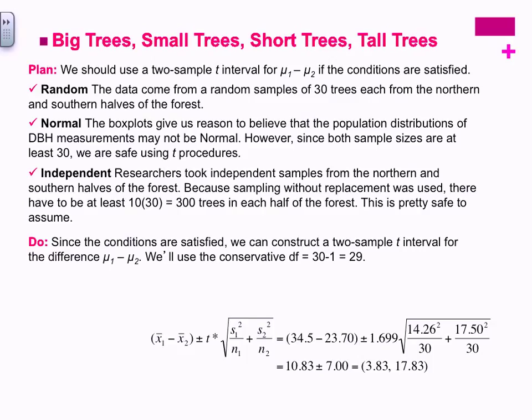So in general, this is what it is going to look like. Here's what we called your southern half, the first one, minus your second one. Here's your t critical value. That's found from your inverse t. You did a 90% confidence interval, I believe, so half of the 10.